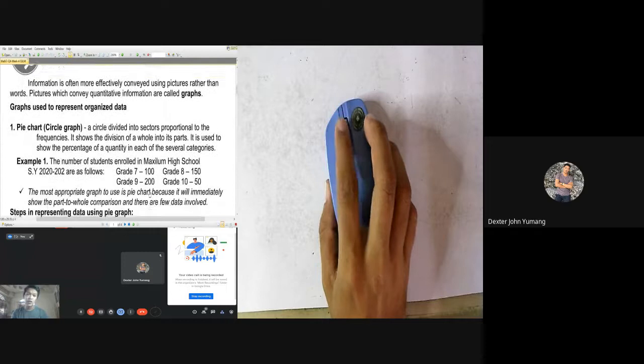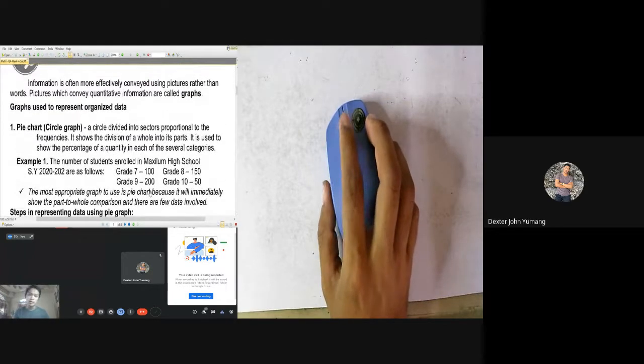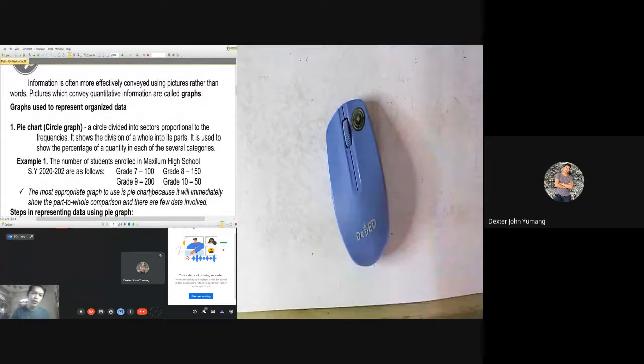First, we are going to describe things that are related to this lesson. When information is more effectively conveyed using pictures rather than words, these are called graphs. We all know that words may convey information that is very important.